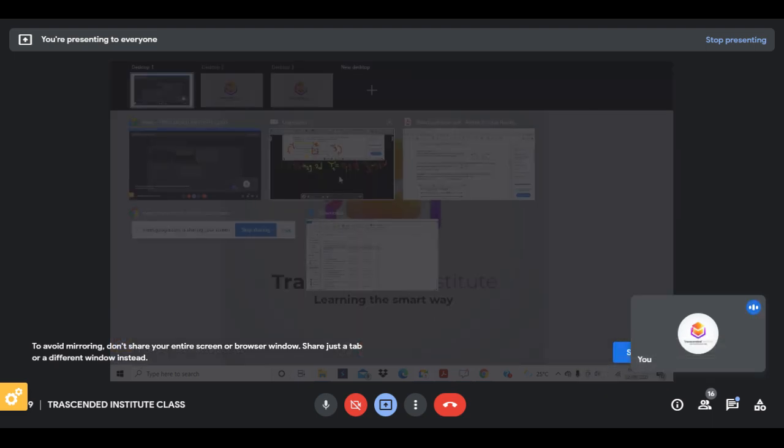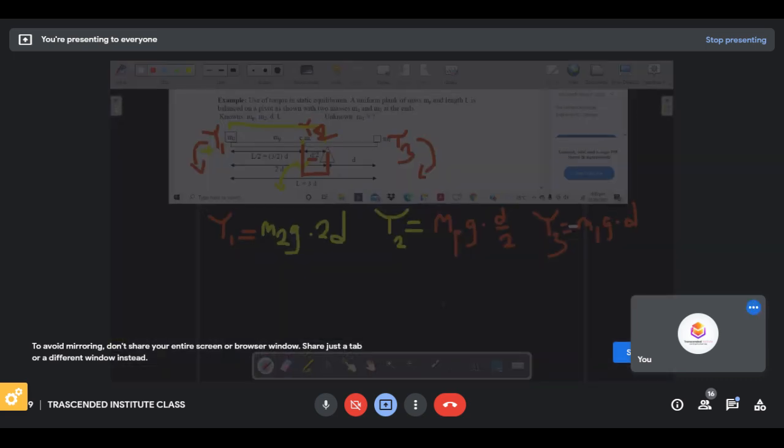I'm saying the distance for torque 1. Are we not supposed to use the arrow divided by 2?